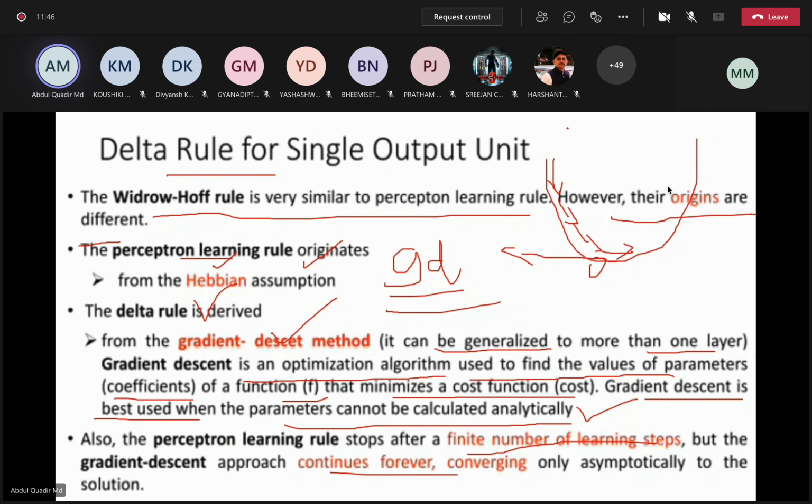We are trying to minimize the error. Just to make you understand, it will start with 100 errors, then 90 errors, then our error will be 0.003, then 0.004.